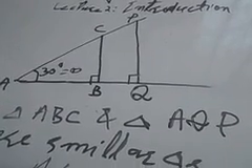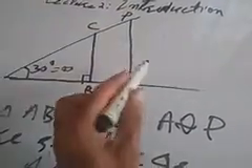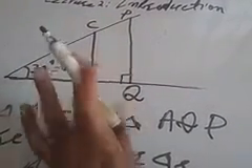The reason is the AA corollary, because angle A is 30 in both cases. In triangle ABC, angle A is 30. In triangle PAQ, angle A is 30 degrees, so angle A is the same. Angle B is 90 here, and angle Q is also 90, so these triangles are similar.